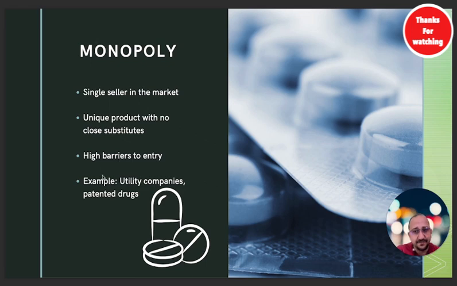So whenever a company is making a product which is very, very difficult to replicate, for example, it could be patented drugs, it could be utility companies, it could be new technology that is emerging, the entry barrier is very, very high. Now, if I ask you a question over here: can you manufacture an iPhone at your home?